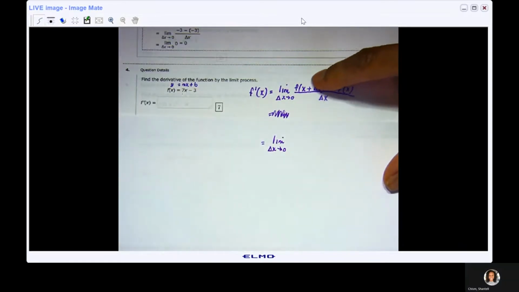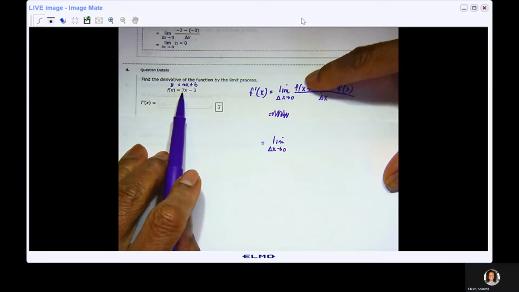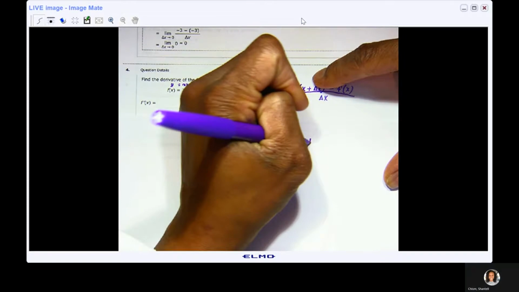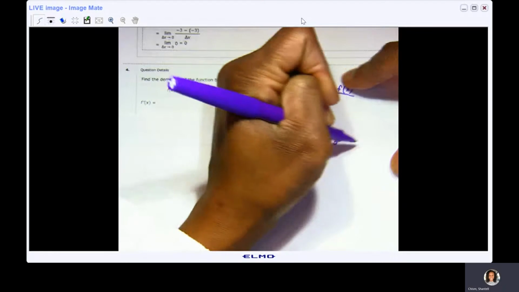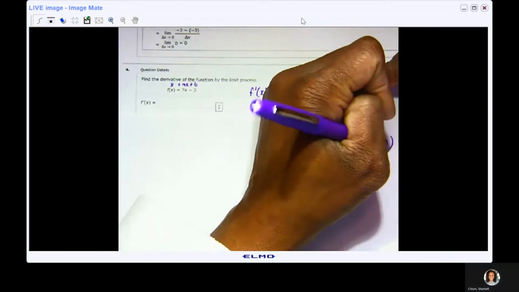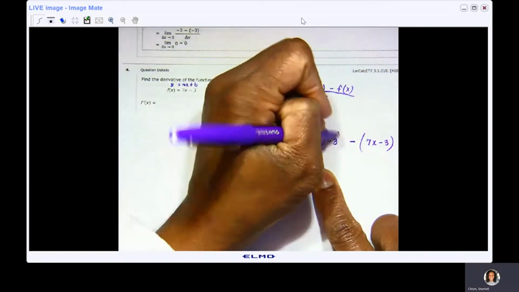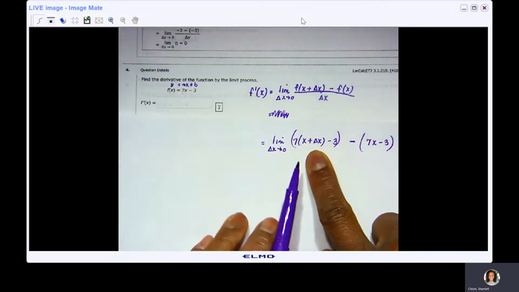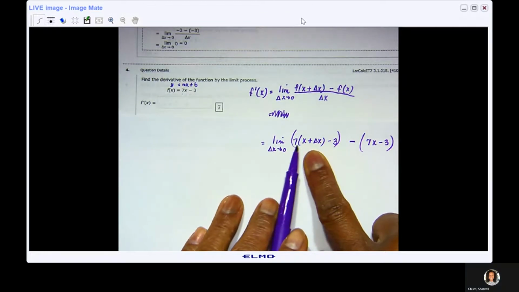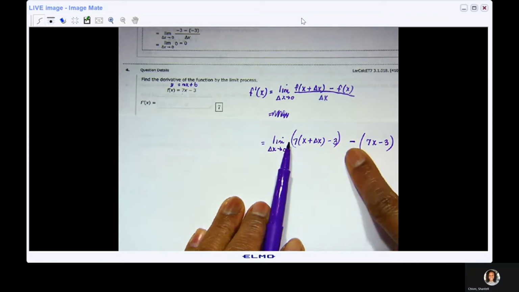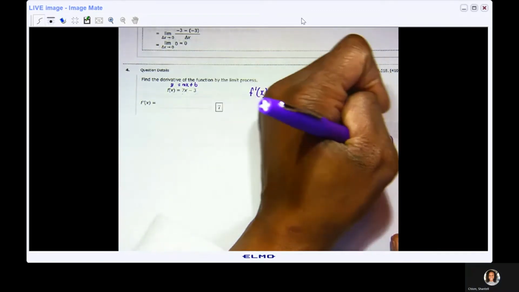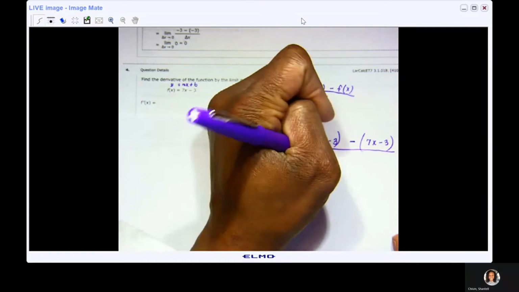So a function where I have x plus delta x, and then I've got minus the original function. So I have 7 where I have 7x minus, over delta x.